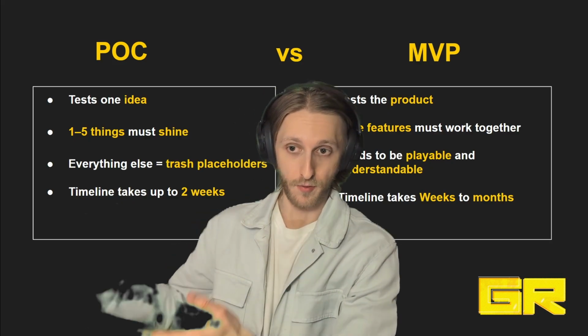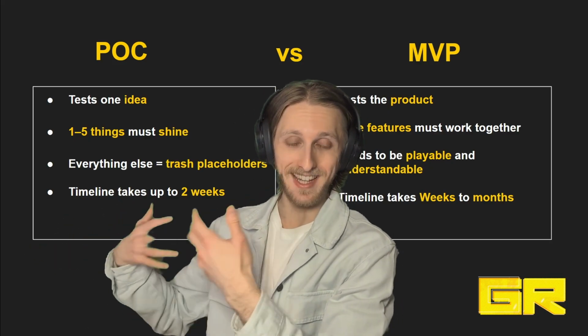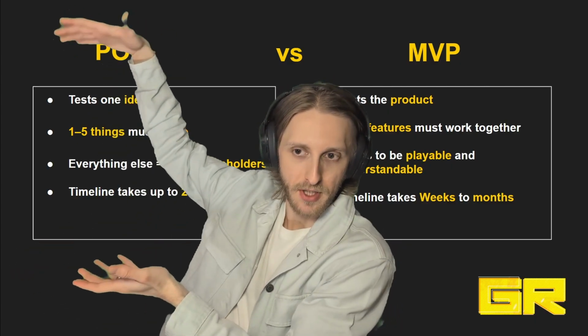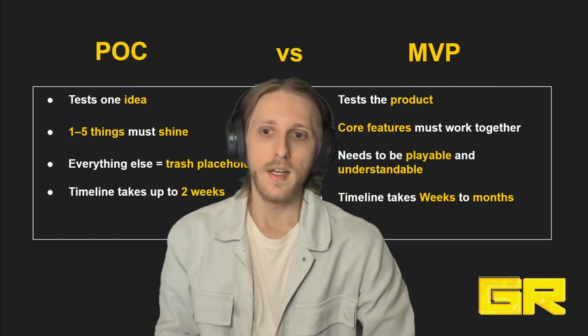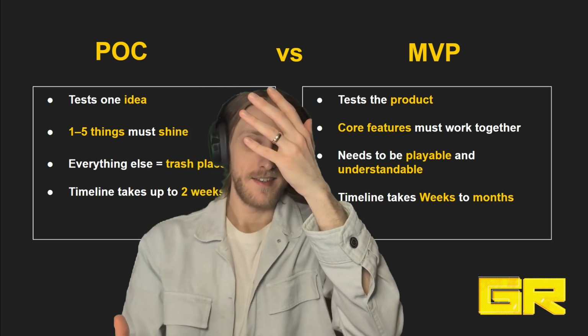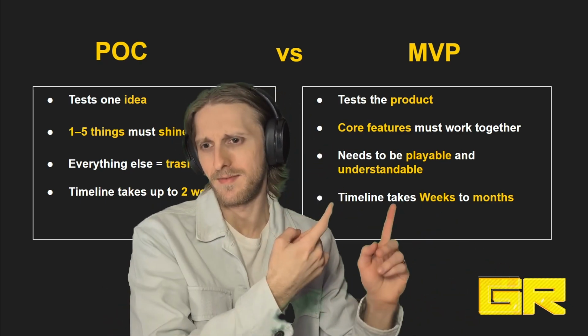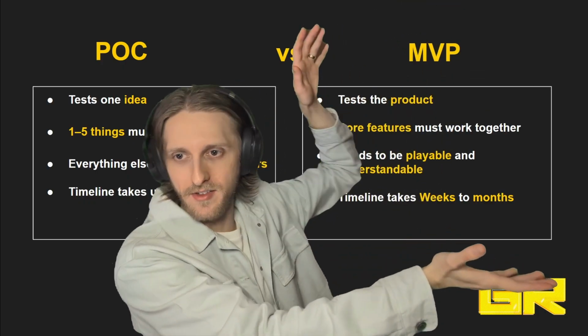For example, if we want to test that people even like the idea, take the stuff from the POC list. Okay? If you already did that, and you want to see that you're actually capable of the execution, that's your stuff. The MVP is your stuff now.